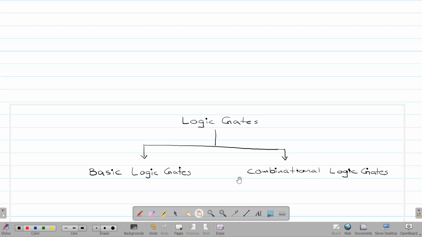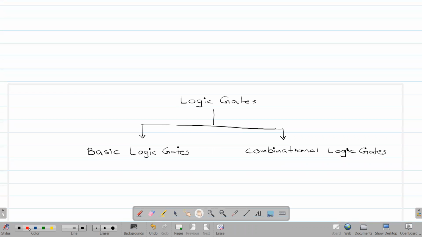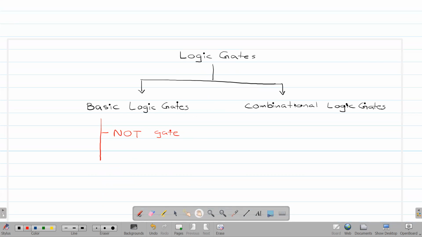Under the basic logic gates, as you saw, there are three types. What were the three types? There was something called the NOT gate, and there is something called the AND gate, and there is something called the OR gate.